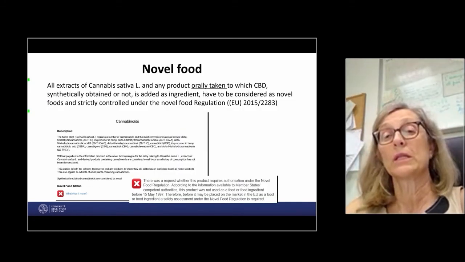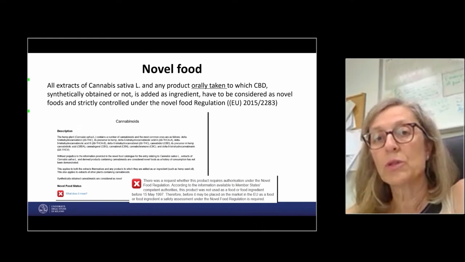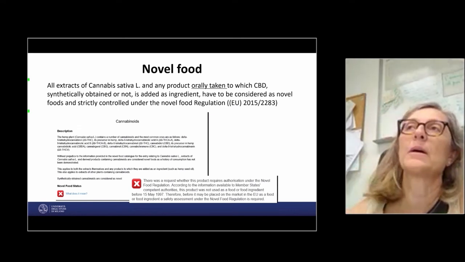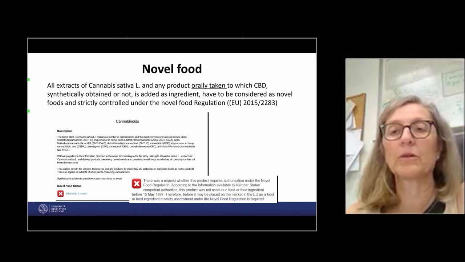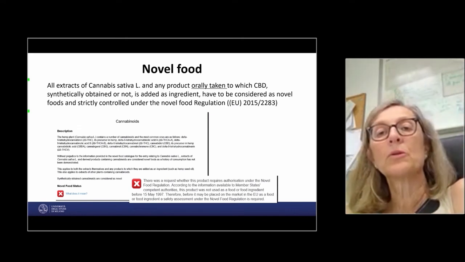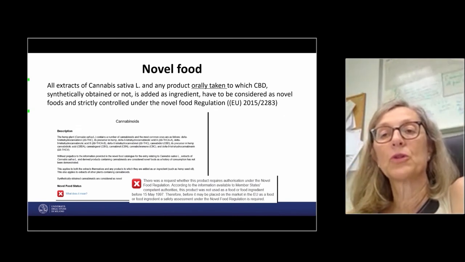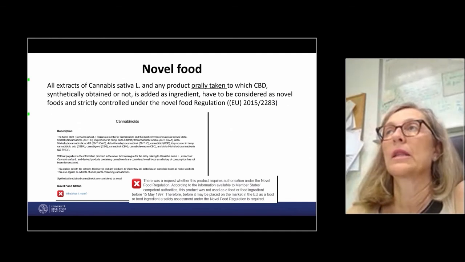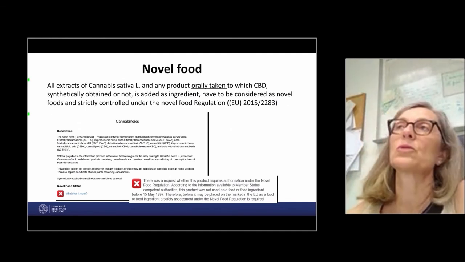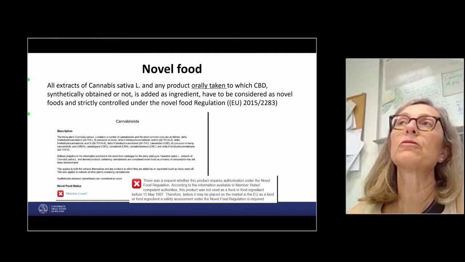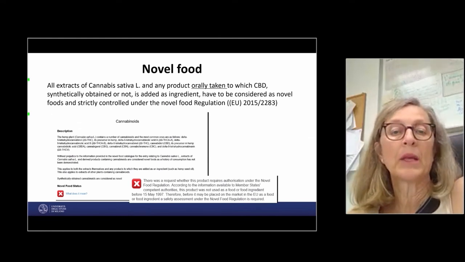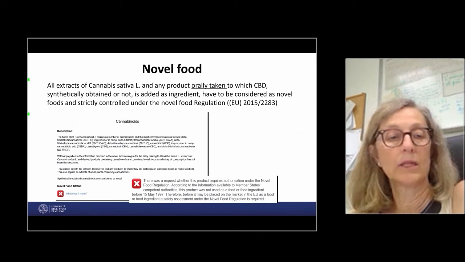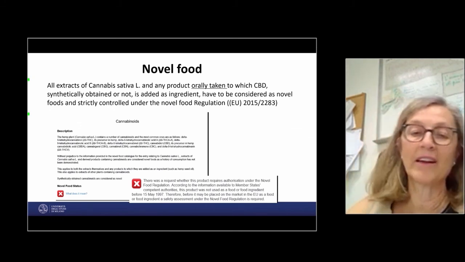What I told you is not possible to use, at least in Europe. I don't want to speak about the US or other parts of the world, but in Europe, at the moment, it's not possible to use CBD in orally taken products. That means that it cannot be used in food or in health food or something like that, because it is considered a novel food. As you can see here, there is the red cross.